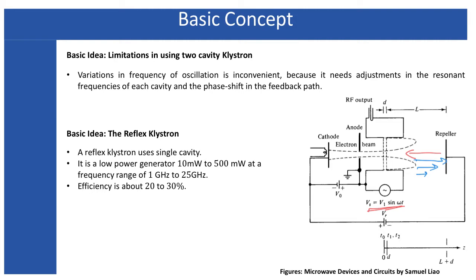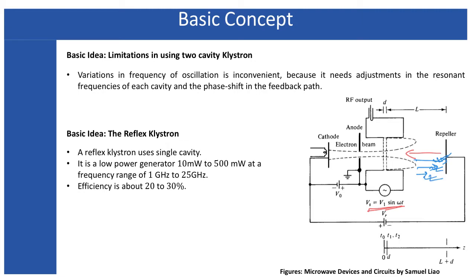So, the first one, if I consider, is for the accelerated electrons. This one is for electrons which remain unchanged in velocity when they leave the cavity gap, and these are for the decelerated electrons.